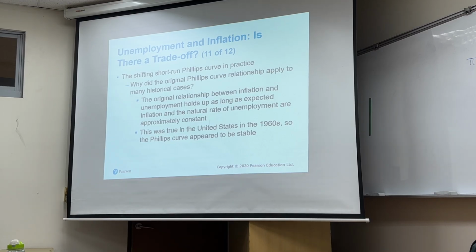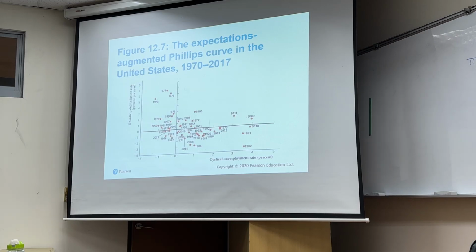And of course, the Phillips curve is no longer just a negative relationship between inflation and unemployment. It has two other aspects. One is a positive slope, and another one is a vertical line. So this is a different approach.